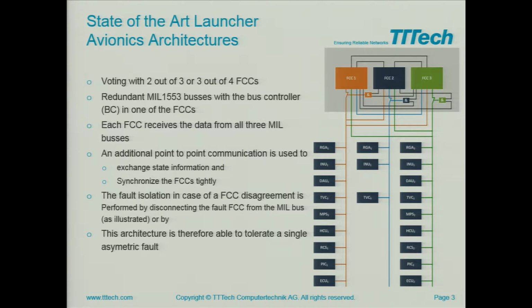In case of a fault, typically you disconnect a bus line from the bus controller. So the bus controller always tells the bus what is going on, and if there is a fault, the majority disconnects the one which is faulty from the bus.